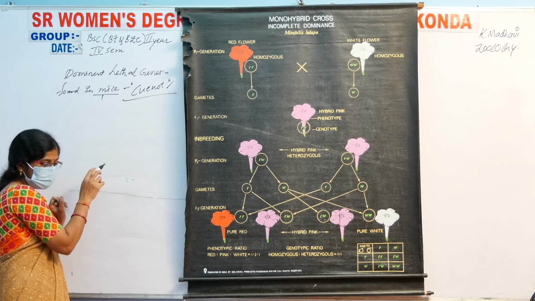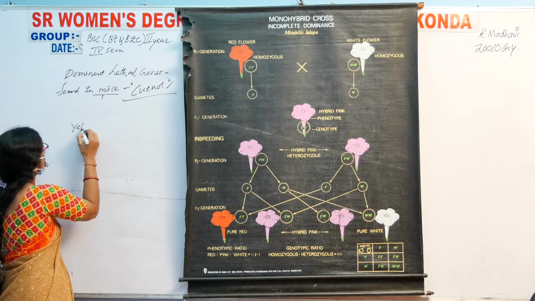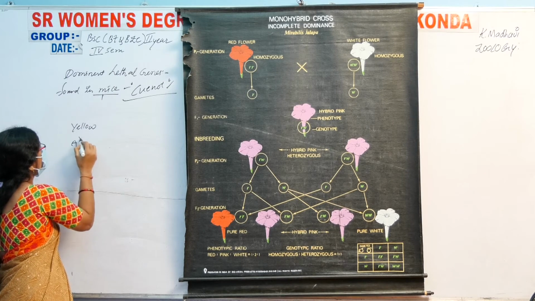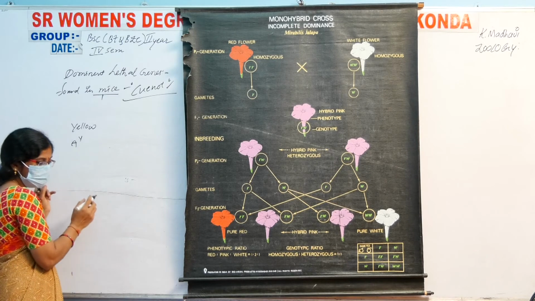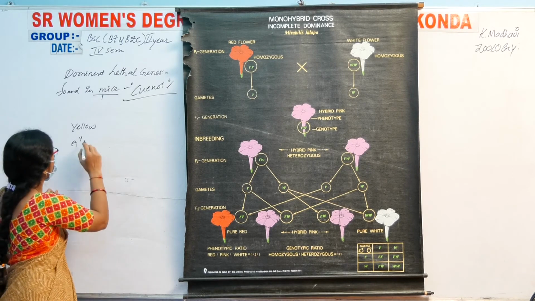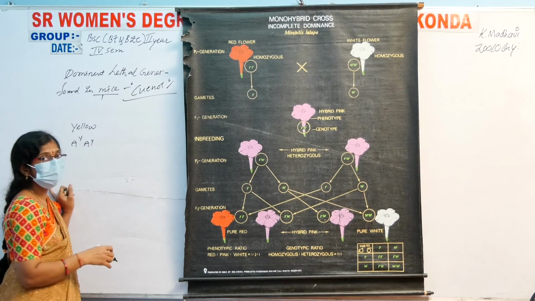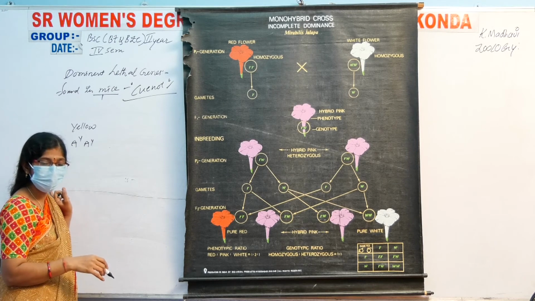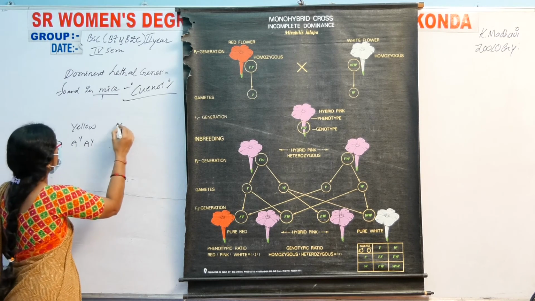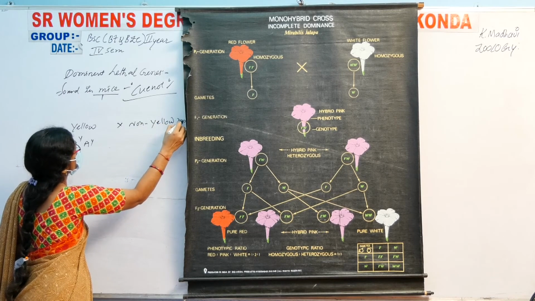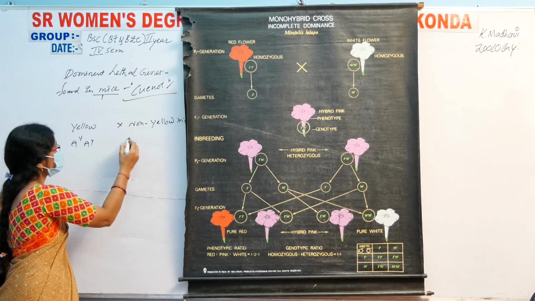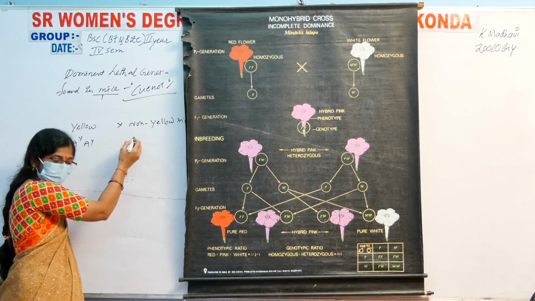Take the yellow mice, yellow being completely dominant, and cross with non-yellow mice, which you mention here as small a.